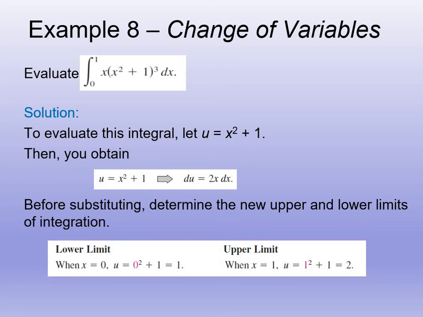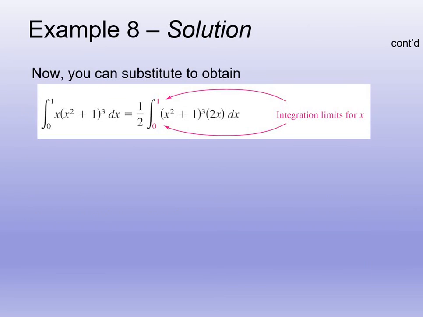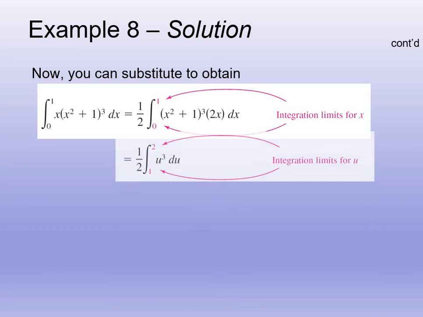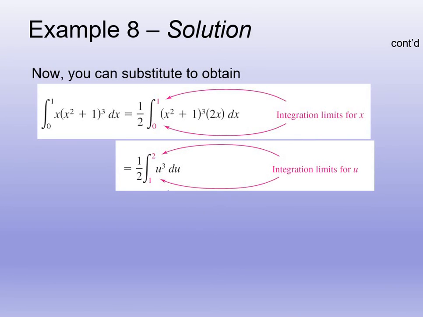But now since we've changed our variables, our limits have to change based on u. So our new limits of integration are going to change based on our u value. All right, so our original function is above, that's in terms of x. Now we've done a complete u substitution, and this is applied to definite integrals, because they have limits of integration.